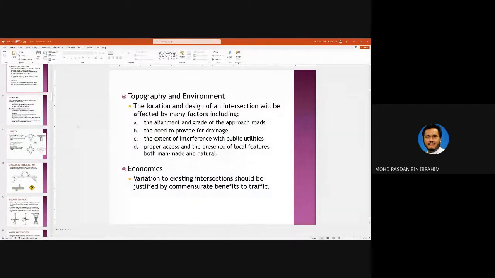So topography and environment: the location and design of the intersection will be affected by factors like alignment and grade. I believe by now you are already very well aware of the importance of alignment and gradients. Especially when you are connecting your new road in your project to the existing road, you are actually forming two junctions.